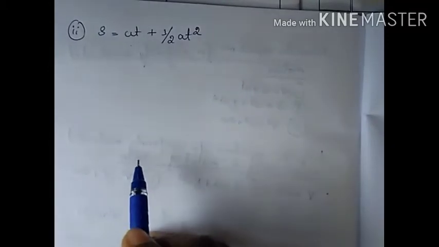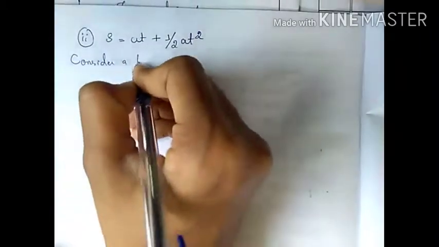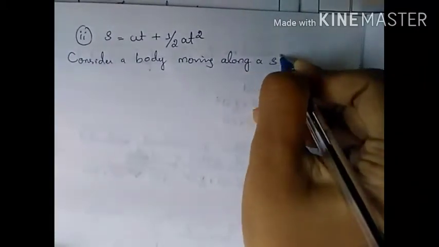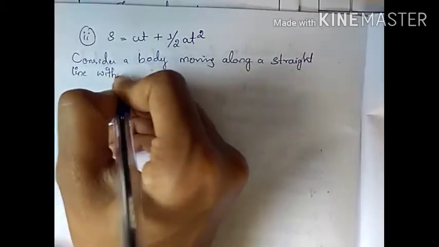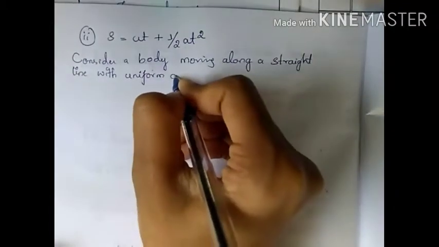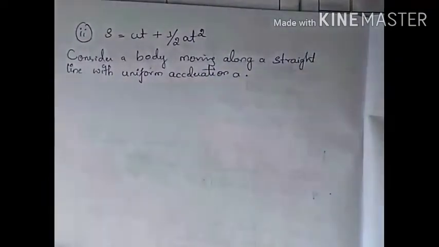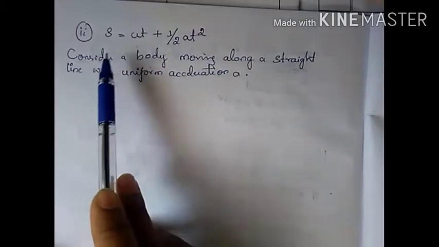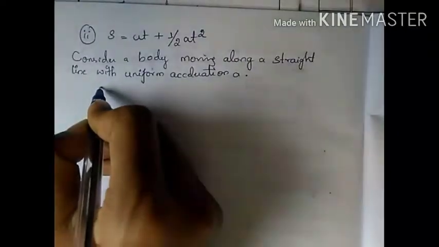So now consider a body which is moving along a straight line with uniform acceleration, like the way we have considered for the last equation. Here you are considering a body moving along a straight line with uniform acceleration a.